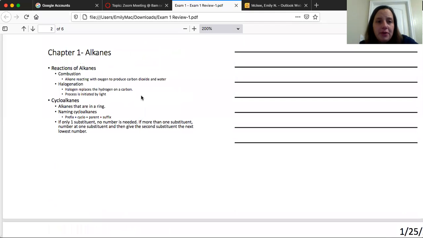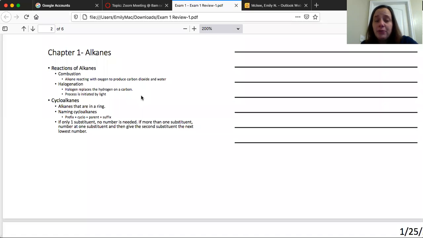Also in chapter 1, we talked about 2 types of reactions, a combustion reaction. So anytime we have an alkane reacting with oxygen, it produces carbon dioxide and water if it fully reacts, right? Because if it doesn't fully react, we'll get carbon monoxide. And then halogenation occurs when initiated by light.